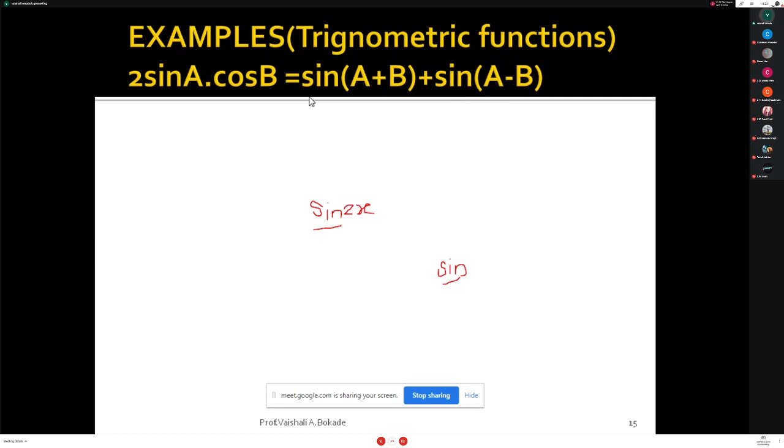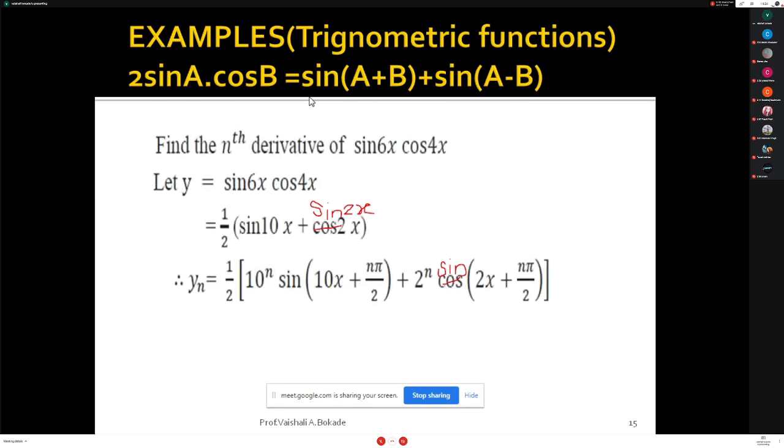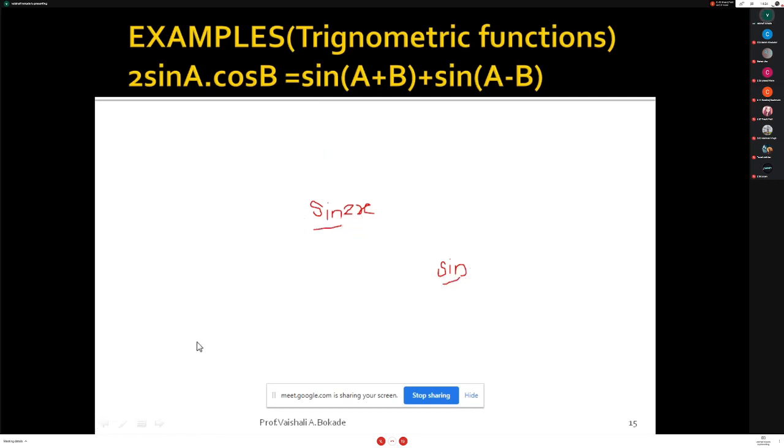So remember that whenever I'm having examples based on trigonometric functions, always remember that those formulae I showed you are the ones in which I'll adjust my function.